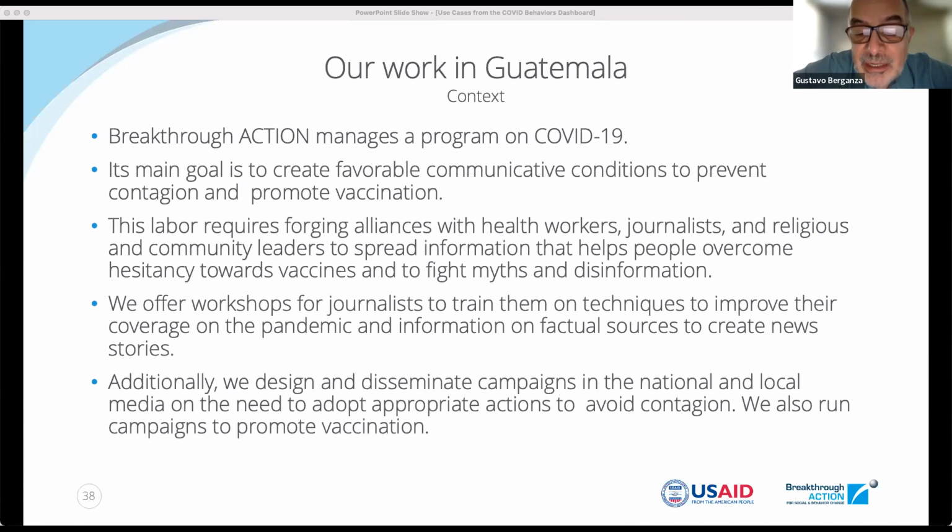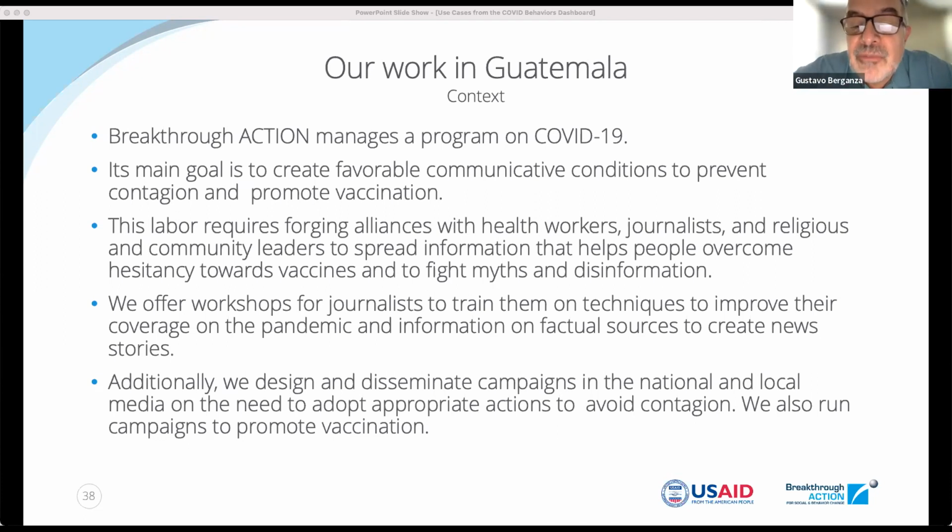We cannot monitor WhatsApp, but we know that on Facebook there are a lot of negative messages about COVID. For instance, people say that the virus doesn't exist, or that the virus exists and it is a creation of big pharma in order to earn more money with vaccinations and that kind of stuff.